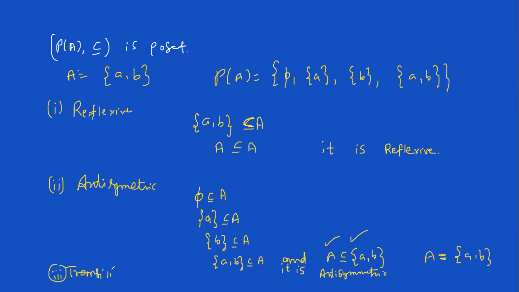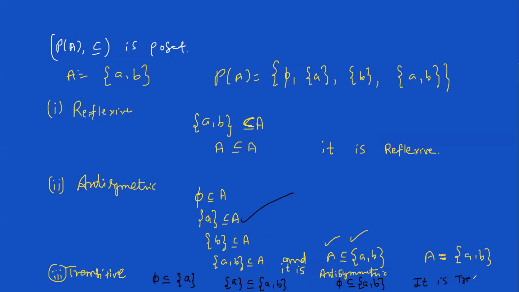Transitive. How will you prove transitivity? Phi is a subset of A. A is a subset of, let's suppose, {A, B}. Understood? It means what? Phi is also a subset of {A, B}. Right? Anything you can take. This is one example.